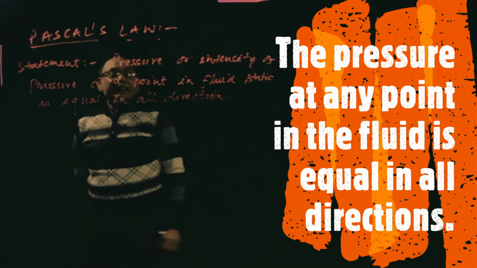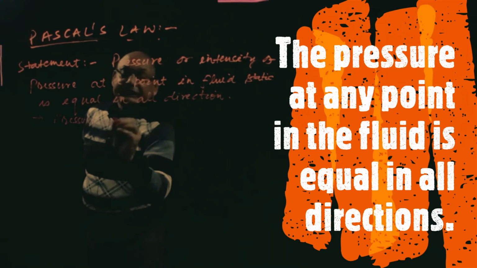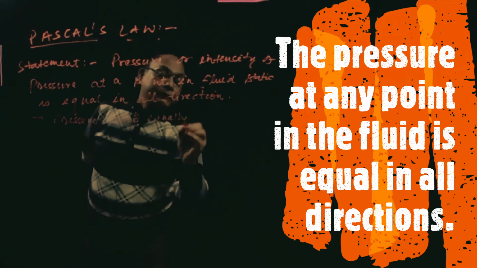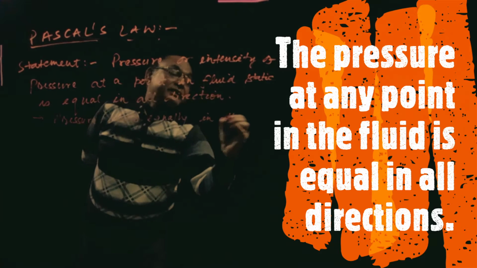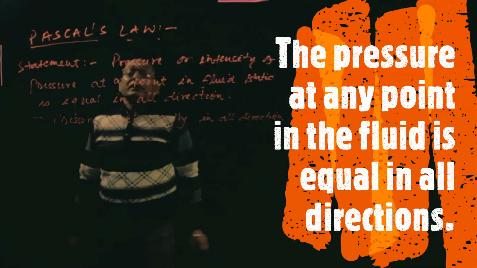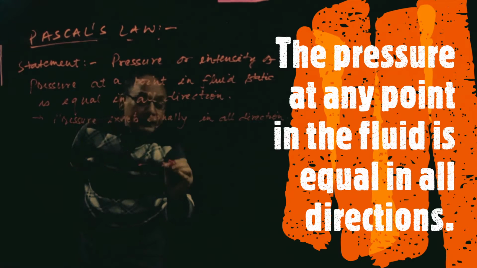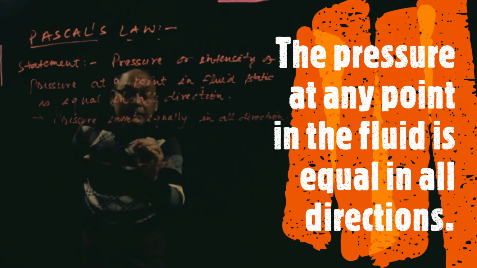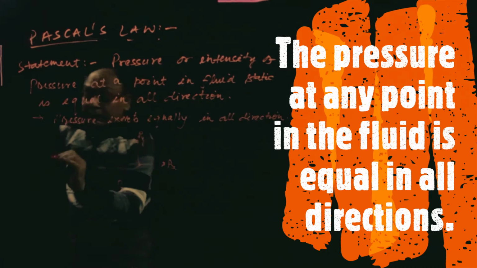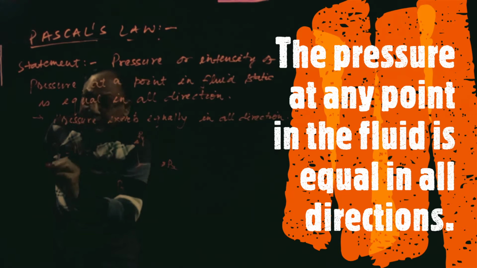That is, the pressure exerts equally in all directions. Suppose this point is there; this will be px, this will be py, and this will be pz. So what we have to prove? The amount of px will be equal to py is equal to pz. That we have to prove.